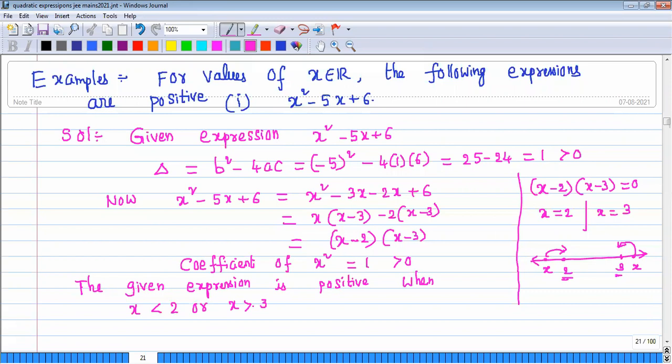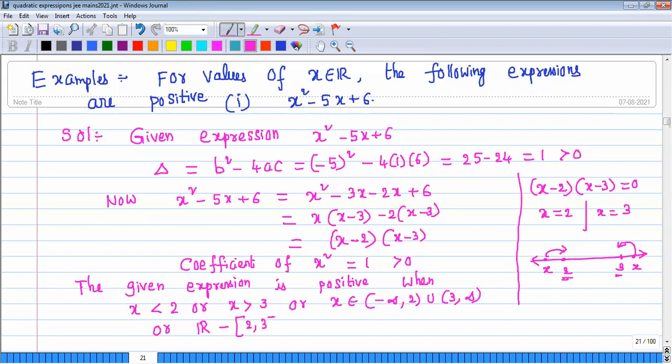Or this can be expressed like this also: x belongs to minus infinity comma 2 union 3 to infinity. Or you can write capital R minus closed 2 comma 3, all real numbers except 2 comma 3, because the value does not lie between 2 and 3. But 2 is not included, 3 is not included, so that's why closed 2 comma 3.